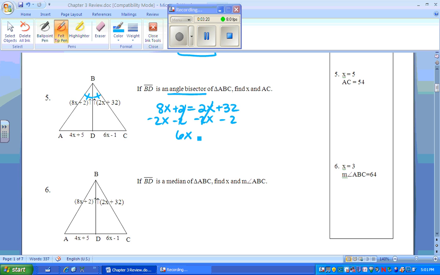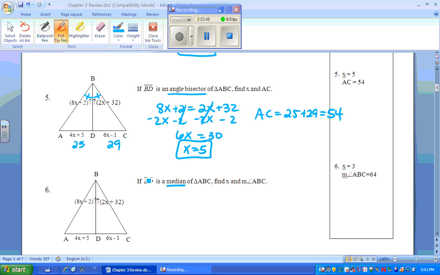So I get 6x is equal to 30. x equals 5. And then I want AC once again. Well, 5 times 4 is 20, plus 5 is 25. And then 6 times 5 is 30, 30 minus 1 is 29. So this time AC equals 25 plus 29, which is 54.